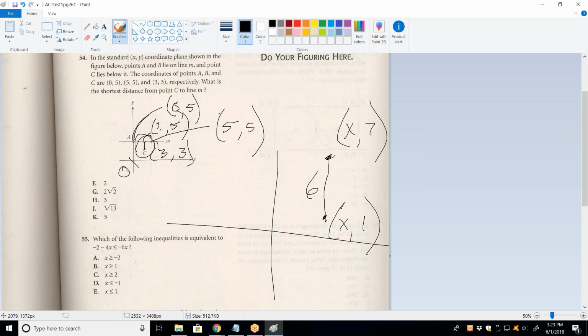It's not at an angle at all. So the key on this point is that right there. What's the shortest distance? And the shortest distance is always measured perpendicularly. If you're looking for the shortest distance from a point to a line, you always measure it perpendicularly.